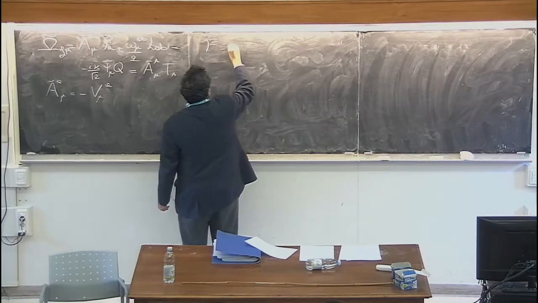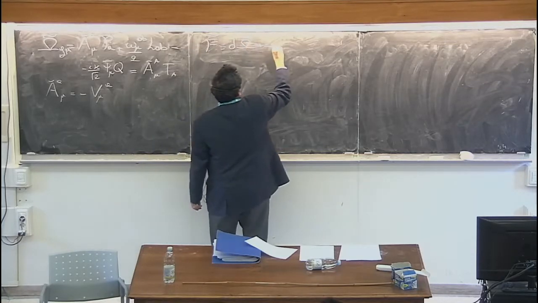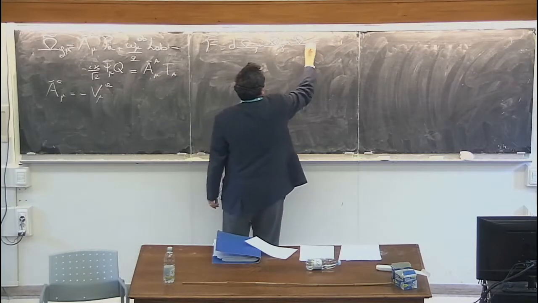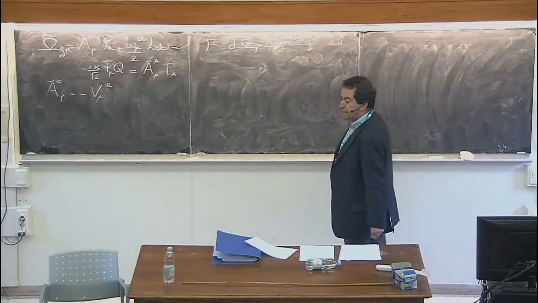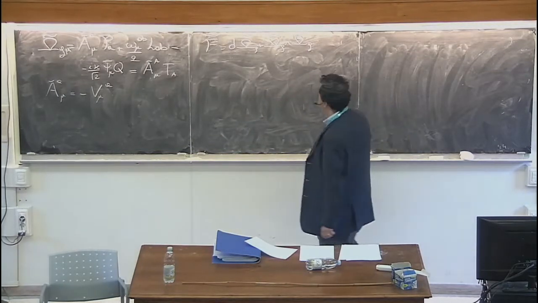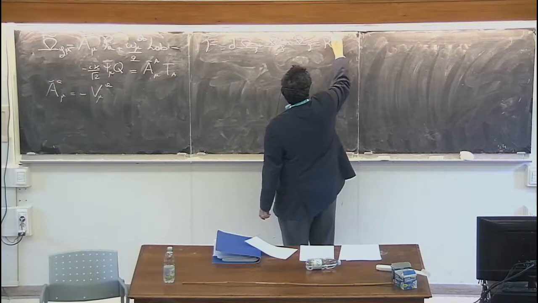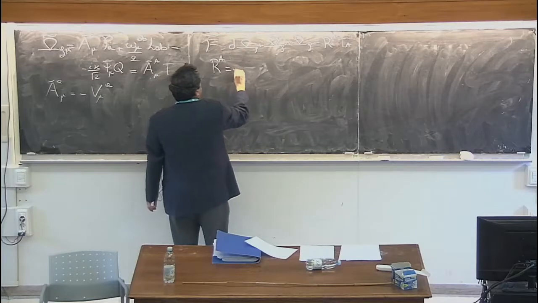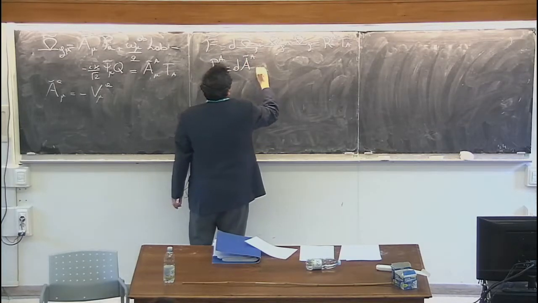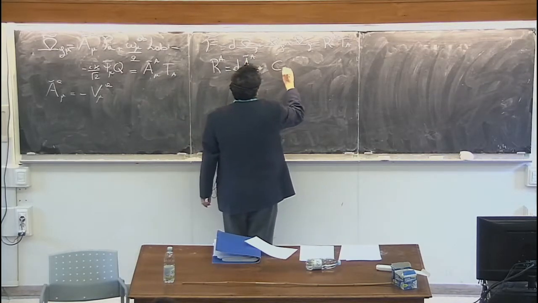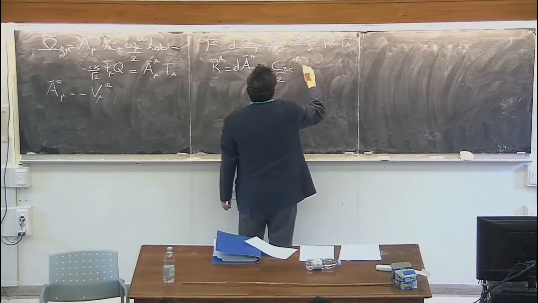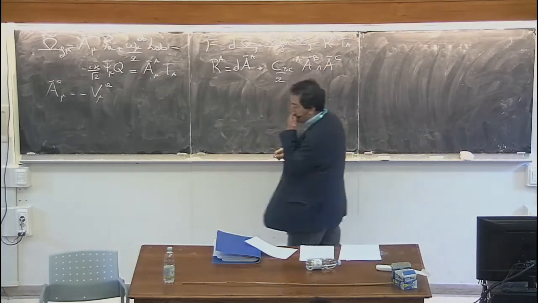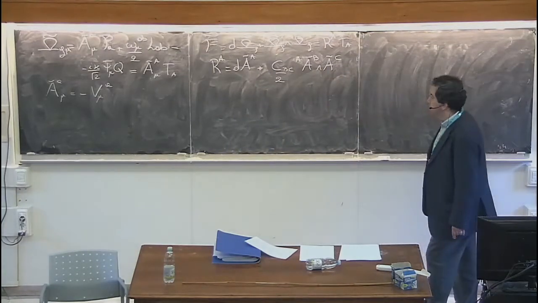Then we define the curvature two form, which has value in the super Poincaré algebra, and this I write as RA TA, where RA is equal to dA tilde A plus C BC divided by 2 A tilde B wedge A tilde C. That's the general formal expression for the curvatures.